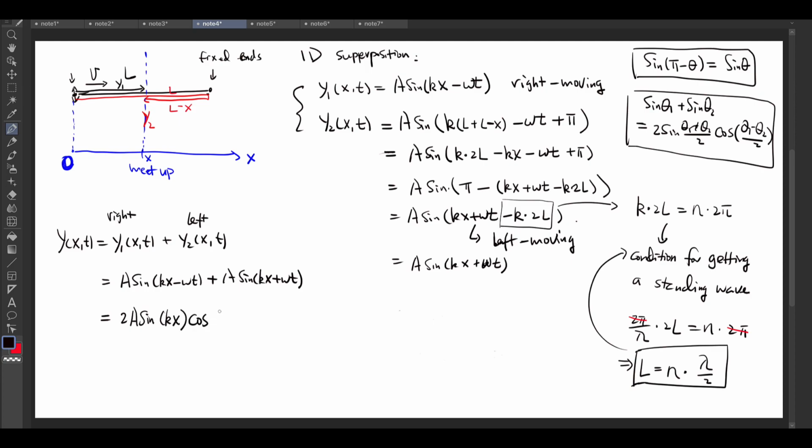For the cosine part, we have the difference, so the kx cancels out when we do the subtraction, and we get 2 omega t divided by 2, we get omega t. Okay, so now you can see we have a separation of space and time contributions.